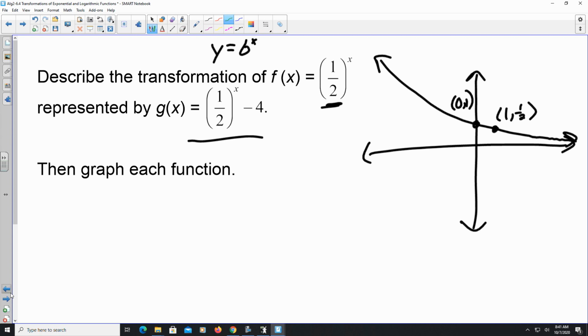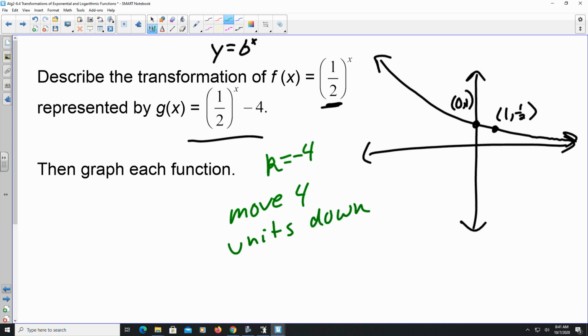Now looking at this equation here, it's still 1/2. The only difference is we have the minus 4 on the outside. So that means it has no h, but it has a value of k, which is -4, which tells us that my graph is going to move 4 units down.